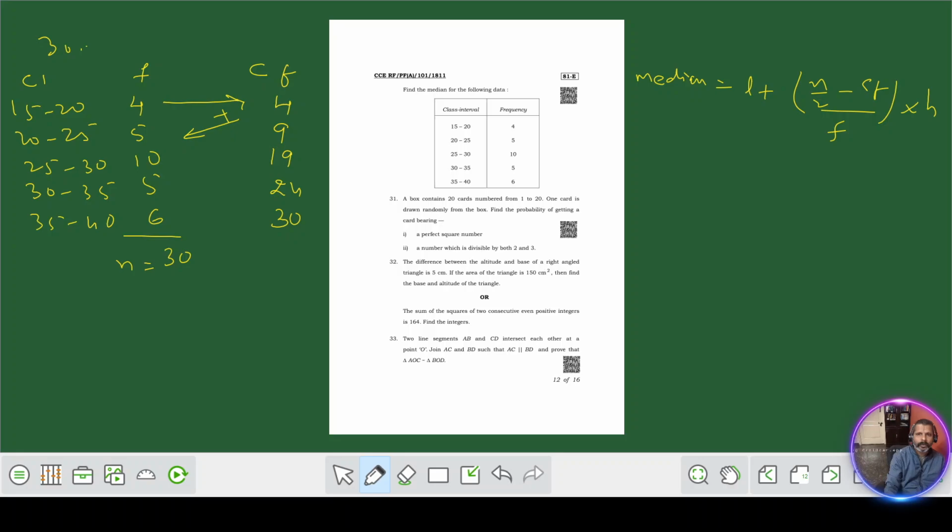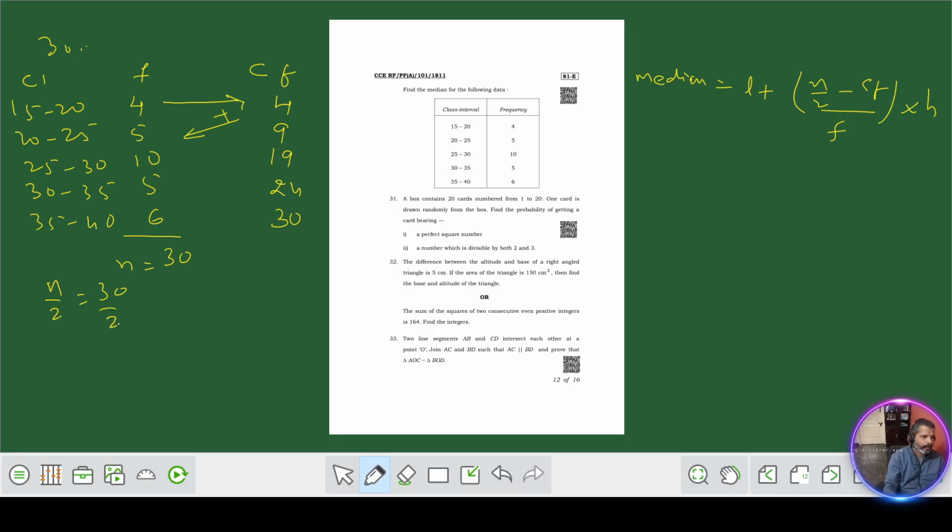So all those variables we define here. What is L? Median class lower limit. N by 2 we can find. CF is the cumulative frequency above the median class. F is the frequency of the median class. H is the class size. We'll define here.